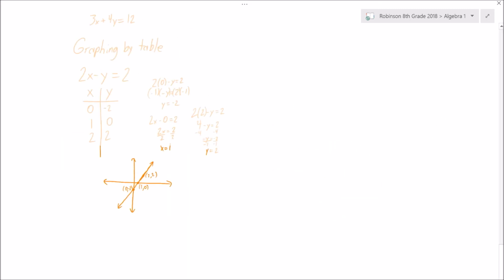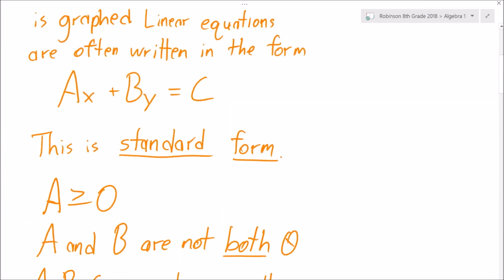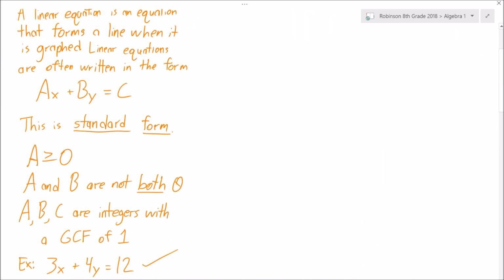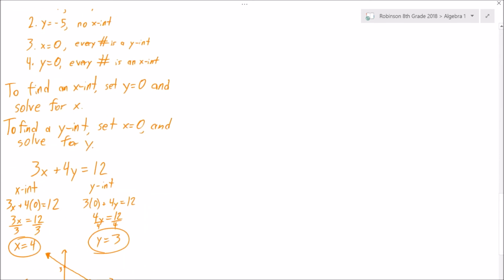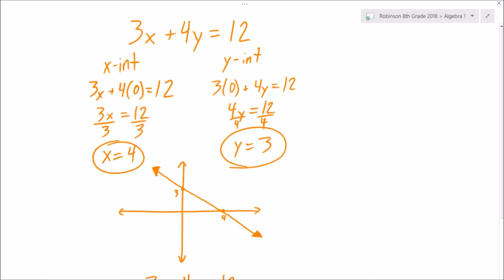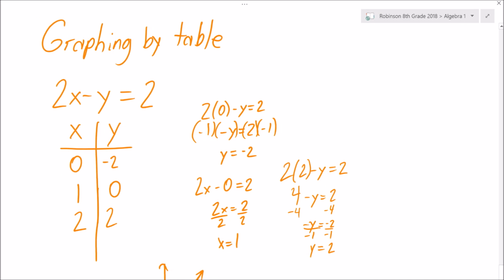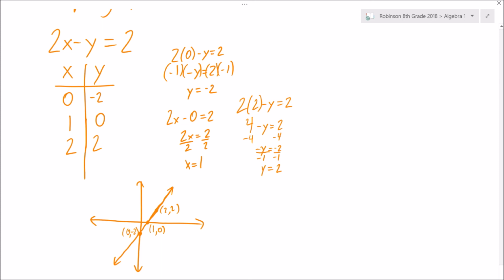It's either going to be saying if something is or is not linear, which means we can rewrite it in our ax plus by equals c form, and we meet these three qualifications. Or it will be graphing based off of our x and y intercept like we did here, or it will be graphing by table, which is just make a table, plug in points, and plot them and draw your line through.